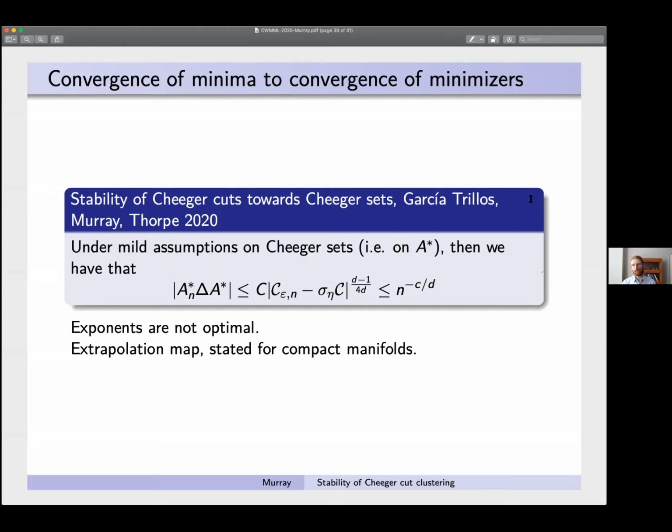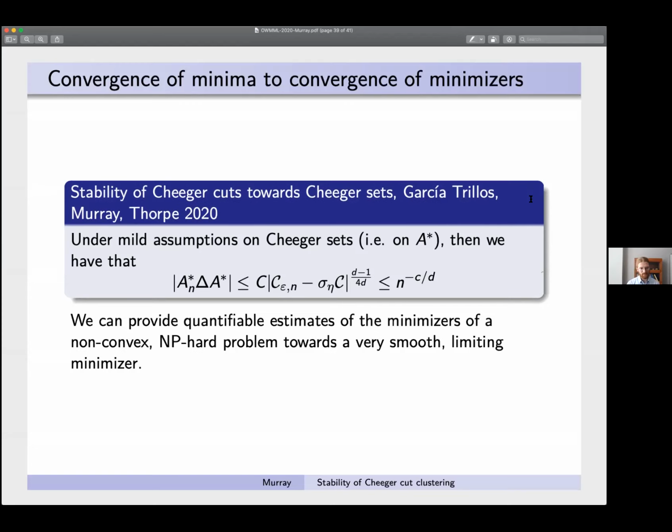And then finally, I will readily admit something that a computer scientist would immediately ask: are these exponents optimal? And I would say, absolutely not. We've given up in various places, and in our work, we identify where. But we still think this is pretty meaningful, even if the rates aren't optimal, because we're able to provide quantifiable estimates of the minimizers of this non-convex, a priori NP-hard problem towards some very smooth limiting minimizer.